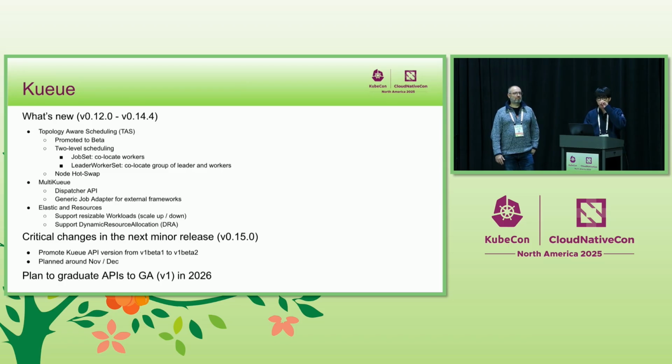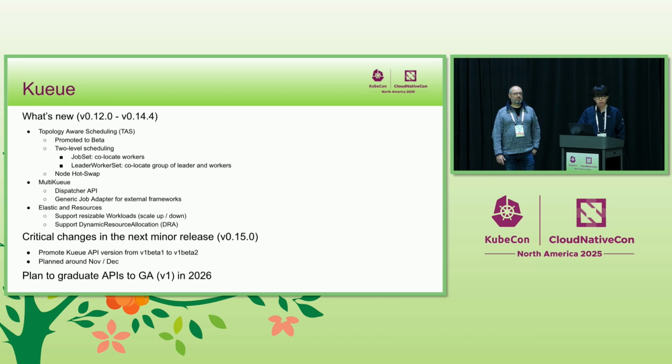And there's another one, the generic job adapter. This allows you to implement an adapter to make your custom jobs work with MultiKueue. And then it supports resizing and also DRA.